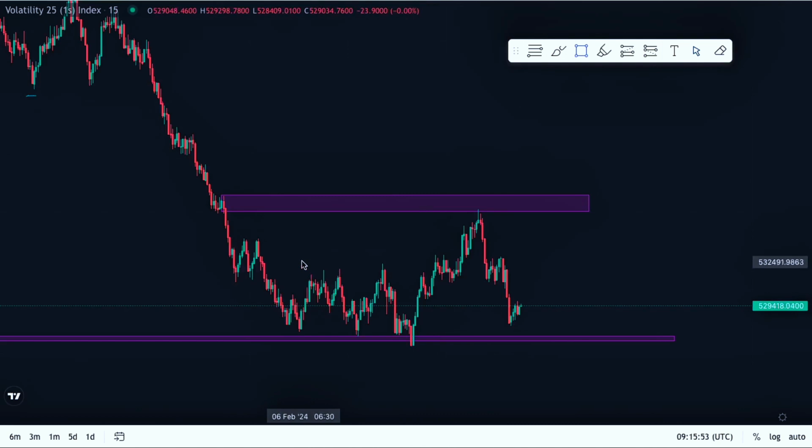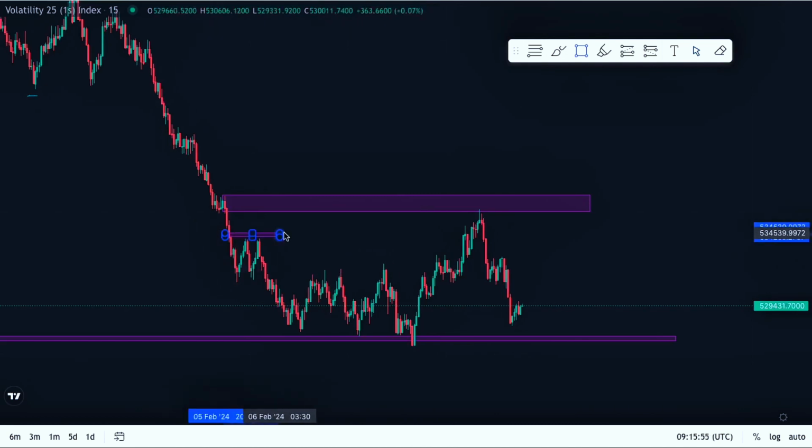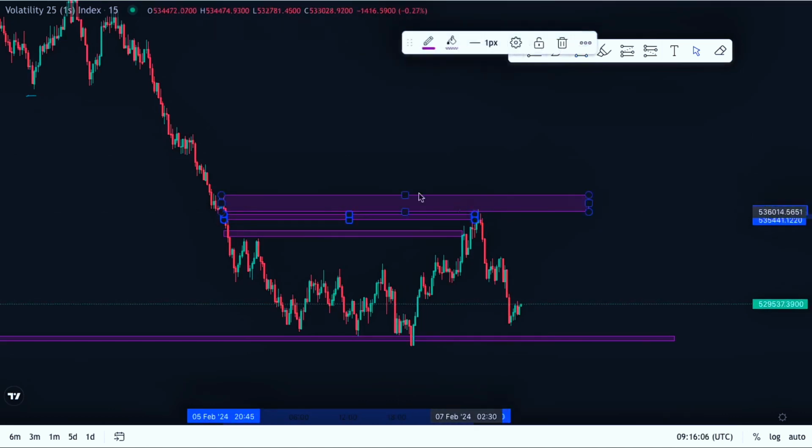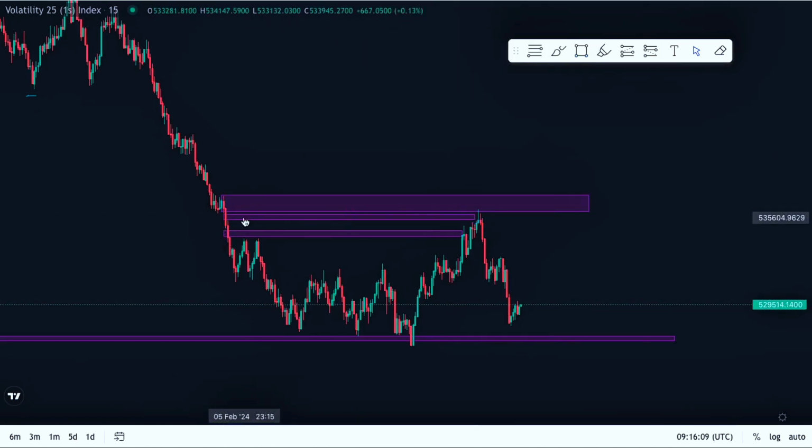Here, let me mark. We had this gap right here which needed to be filled. We had this gap again, needed to be filled. And above all these gaps we have an order block, this one.